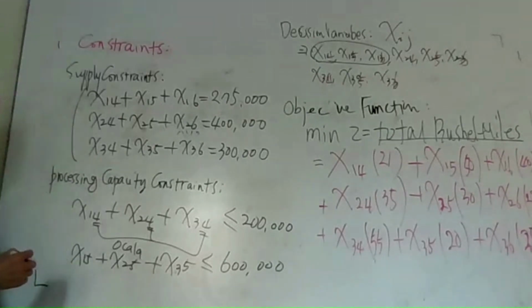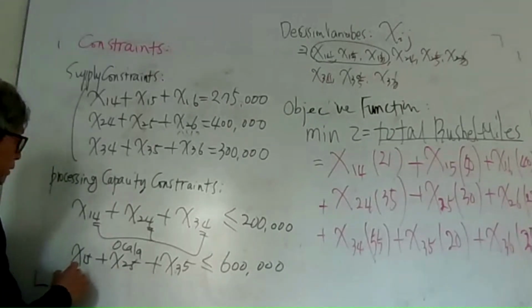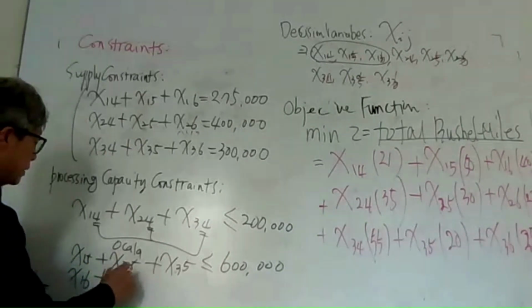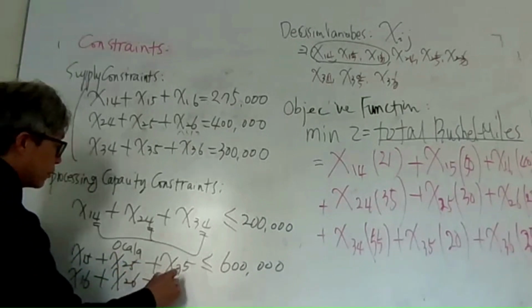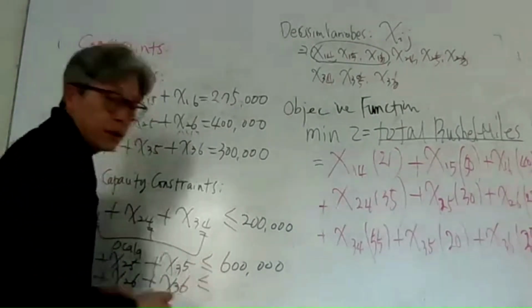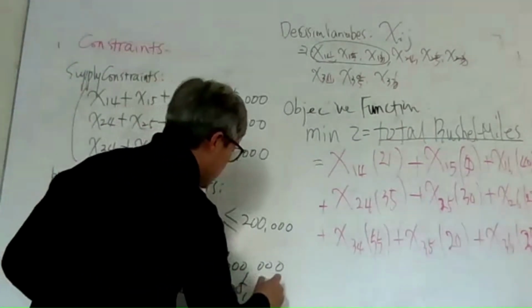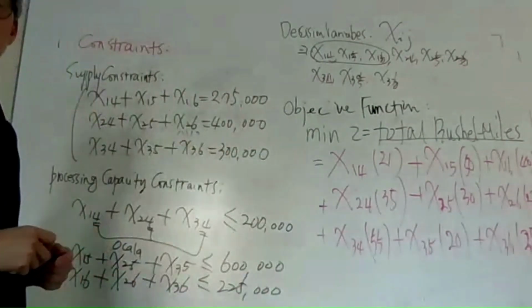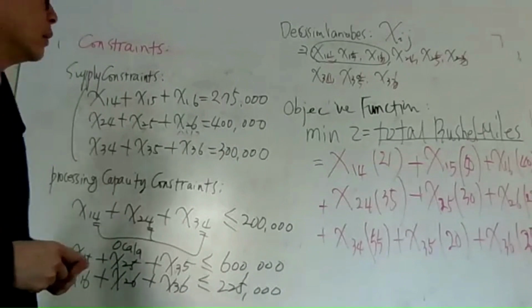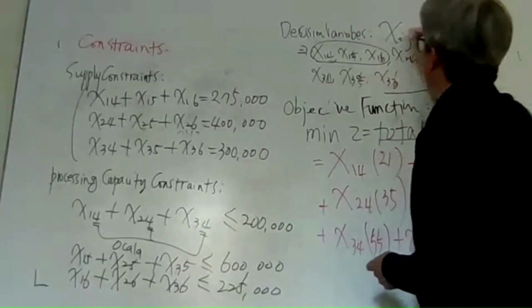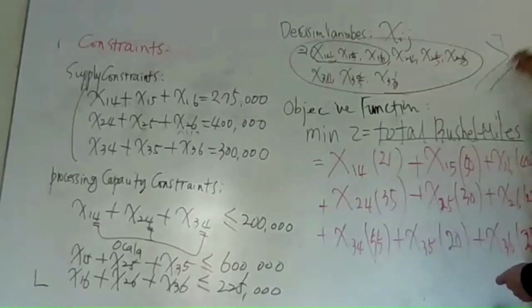We do the same way for processing plant 6, x16 plus x26 plus x36 should be less than or equal to 225,000 bushels. And non-negativity constraint. These decision variables should be greater than or equal to 0.